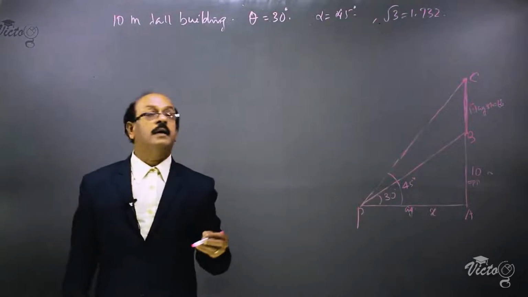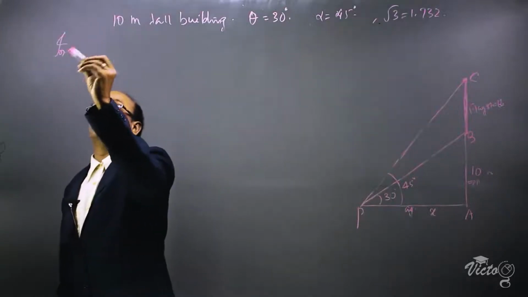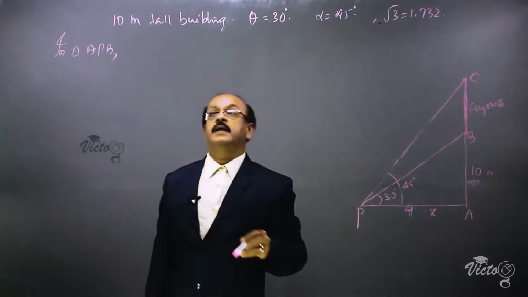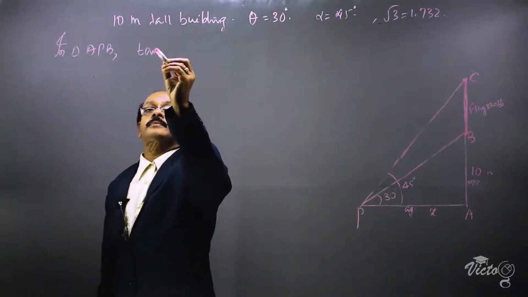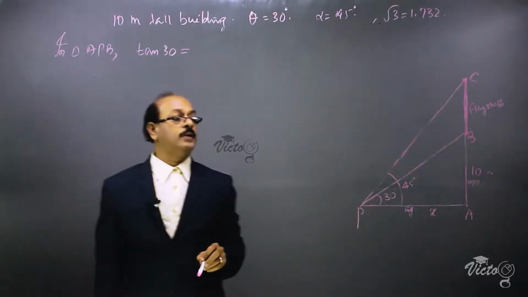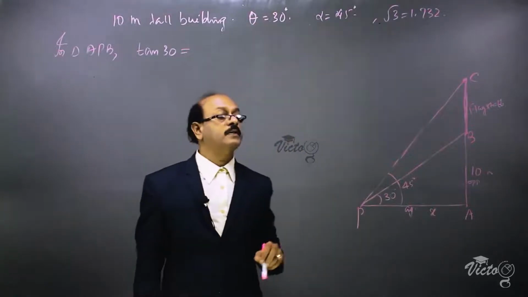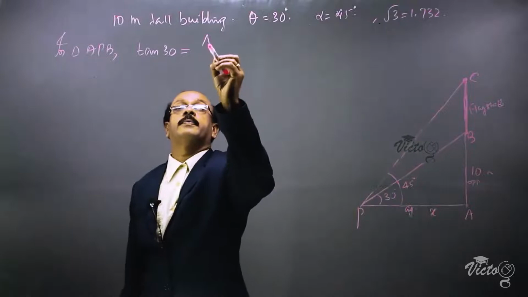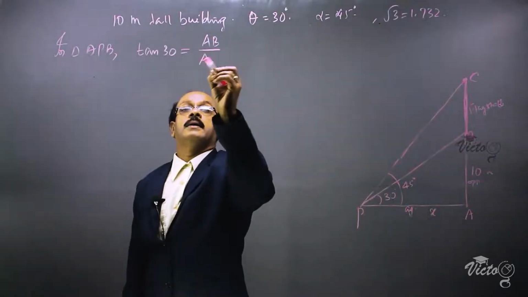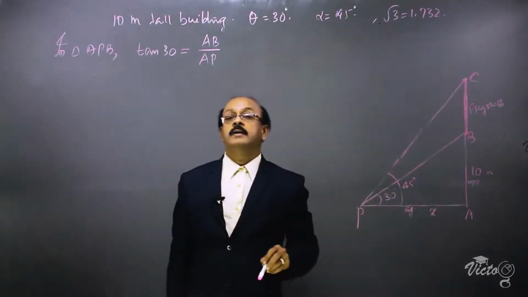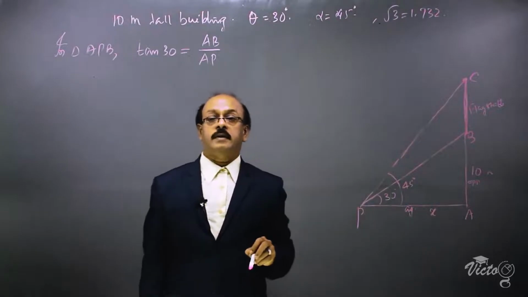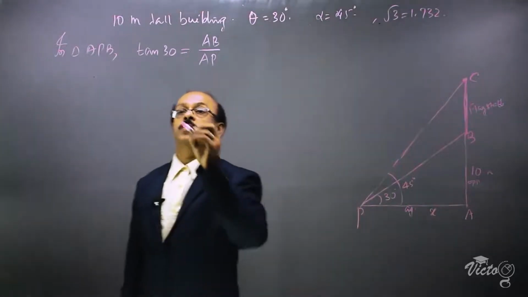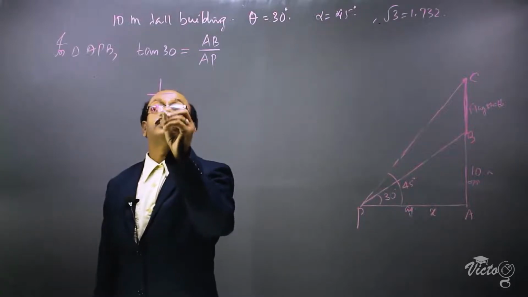In triangle APB, tan 30 is equal to opposite side by adjacent side, means AB by AP. Remember the value of tan 30. Tan 30 is equal to 1 by root 3.